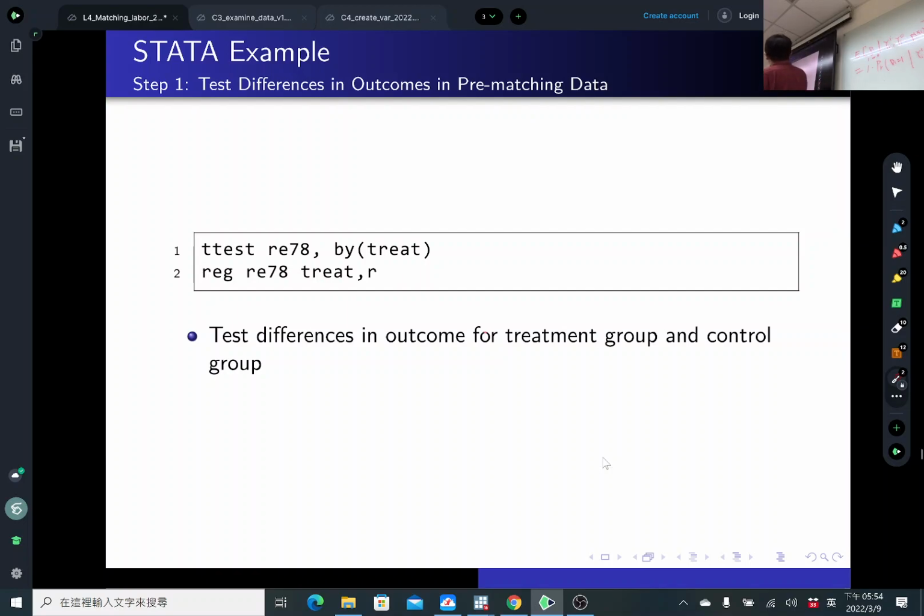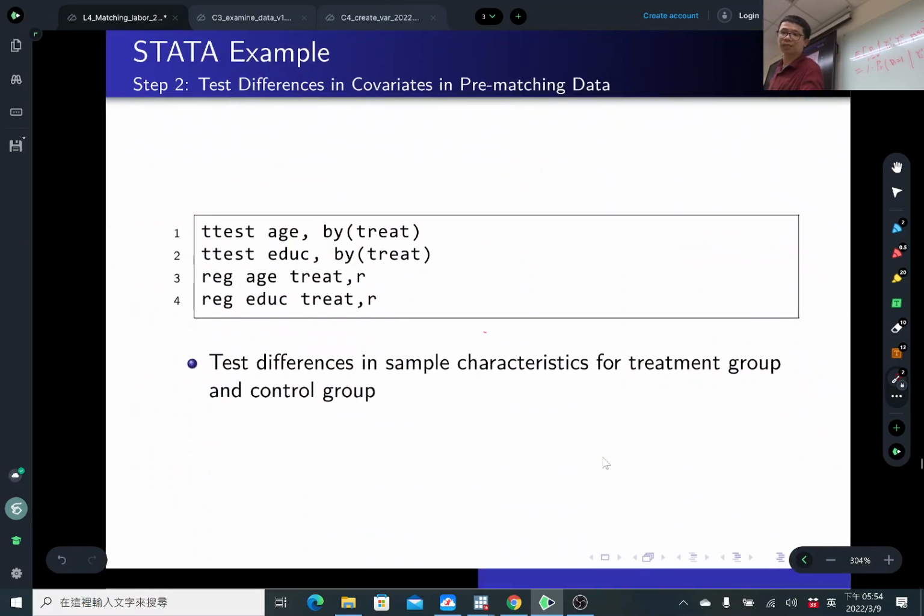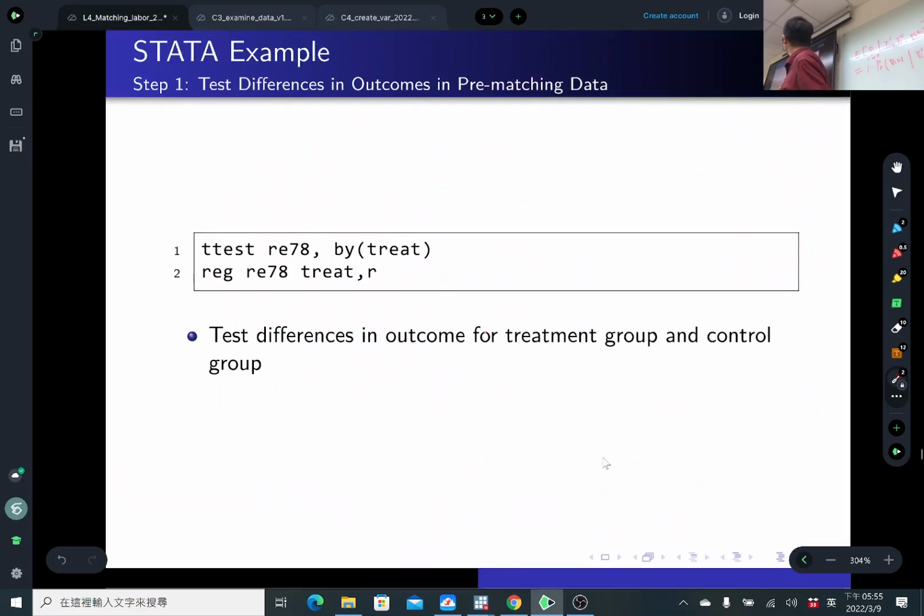So first you test the difference in outcome and also in the covariates before matching, just the raw data. Here the outcome is RE78, these people's 1978 earnings, after they join the job training program. They want to evaluate the effect of the job training program on earnings.